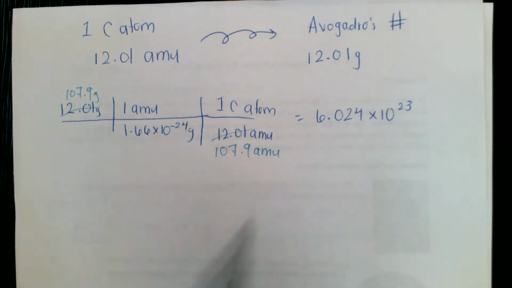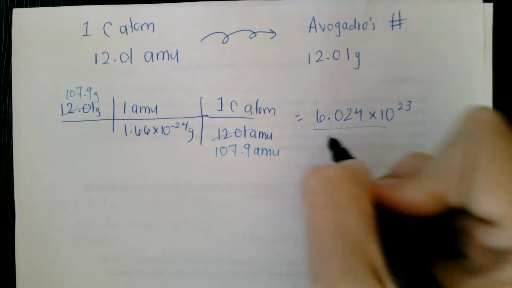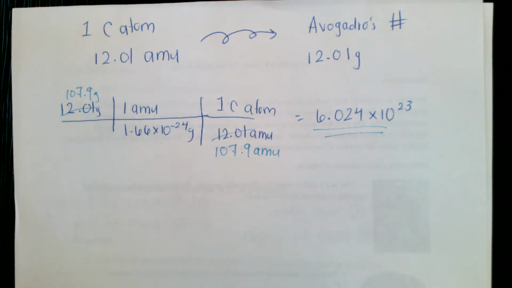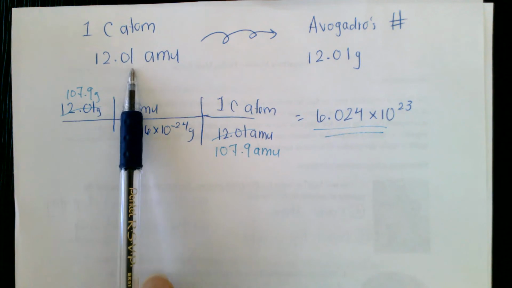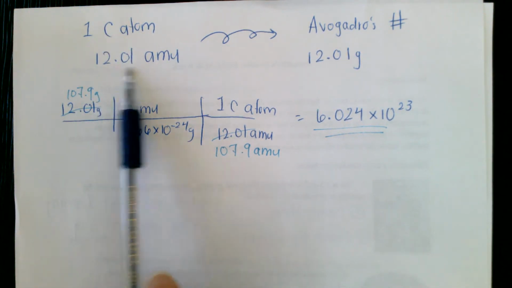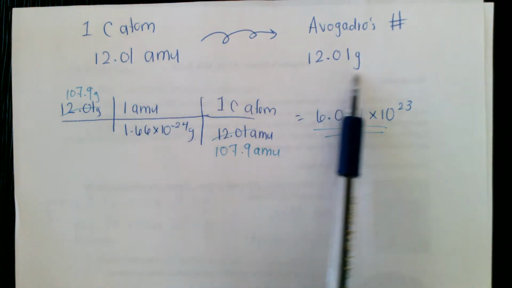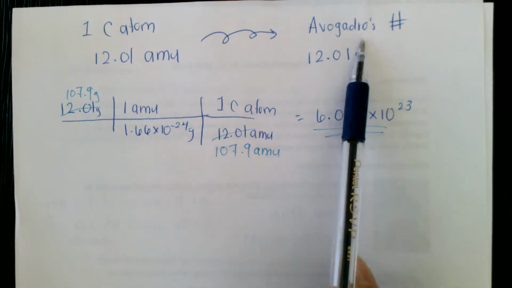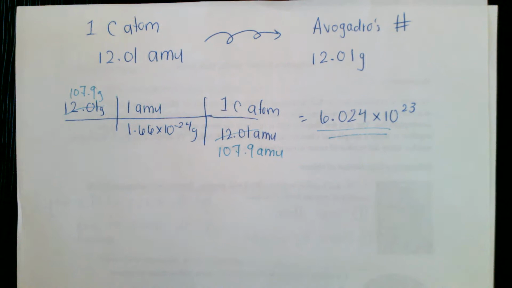And if you went through and did the math, you still get Avogadro's number. Okay, so Avogadro's number is a way to go from looking at the mass of an individual atom in AMU to taking those AMUs into grams, and how many atoms you would need to represent that in terms of grams.